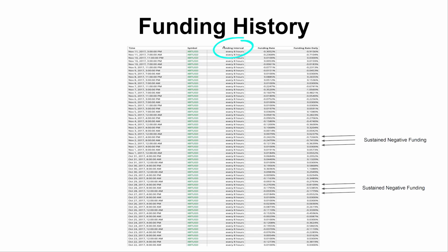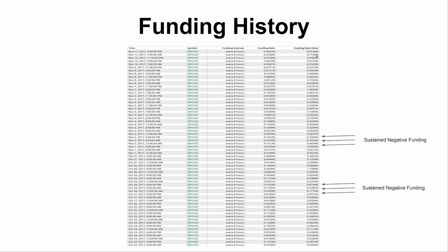And we can see the interval. Remember, I was talking about how often this is paid out. Every 8 hours, we can see here, and we see a funding rate, and then it gives us a daily funding rate, which is essentially this times 3. If you look at the numbers, you can see how that matches up.